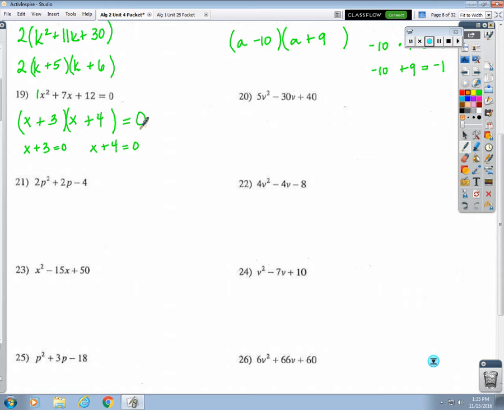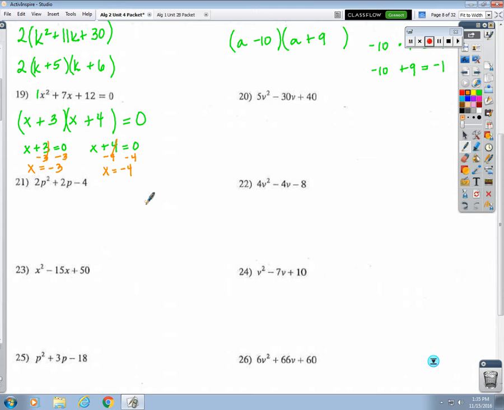Now to solve it, how do we solve this one for x? Subtract 3 on both sides, right? So what will your answer be for this one? Right? And then for this one, what would we do to both sides? Subtract 4. So we would end up with x equals negative 4.